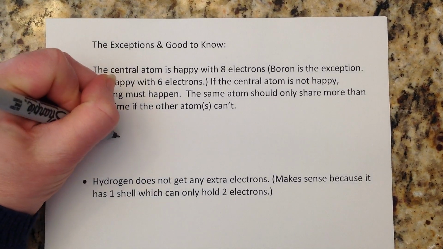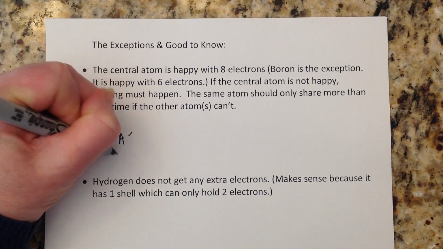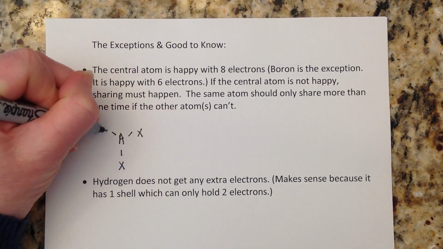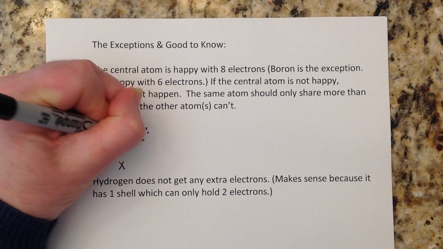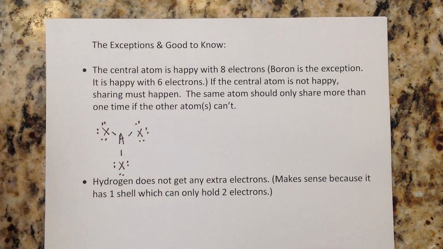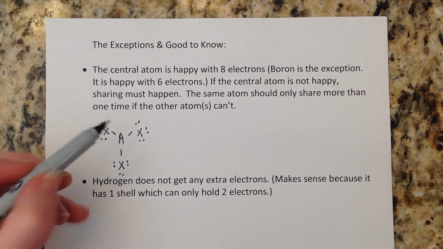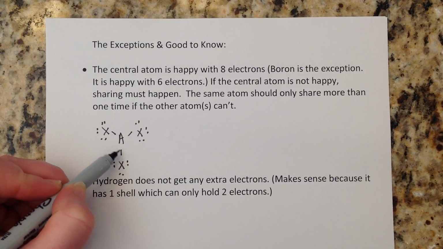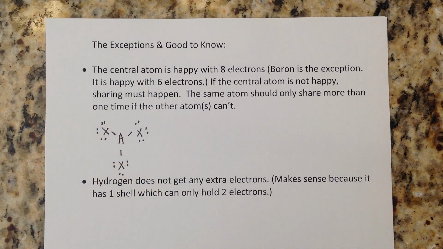For example, let's say we put all of our electrons down, and in this particular one, every single electron was used. The next thing we would do is ask, is the central atom happy? And the answer would be no, because there's only 2, 4, 6 electrons that this atom has access to.